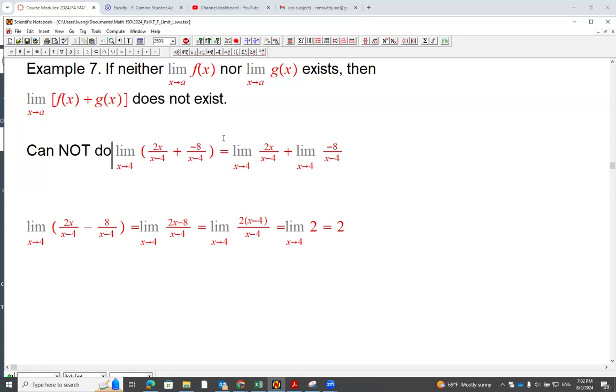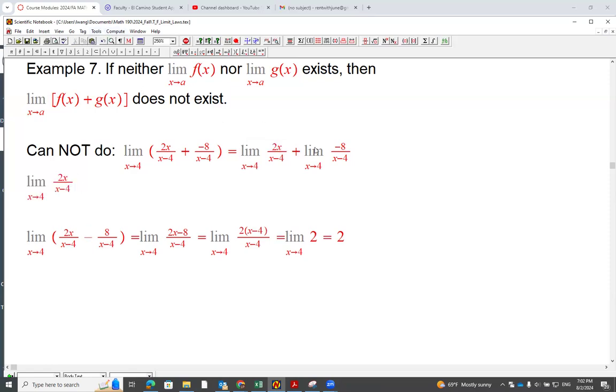But we also know that this individual limit does not exist, and this other limit does not exist either. We illustrated that this latter limit does not exist.